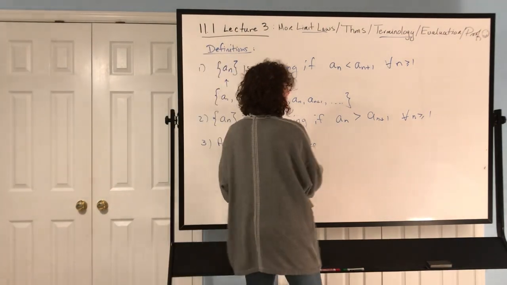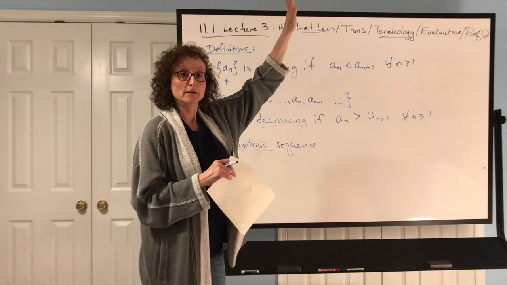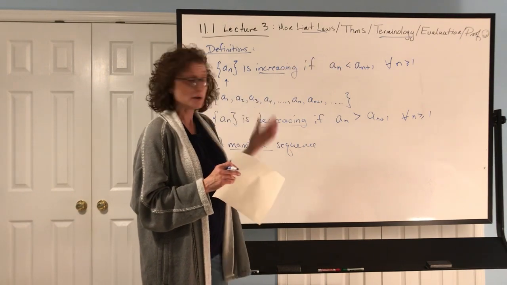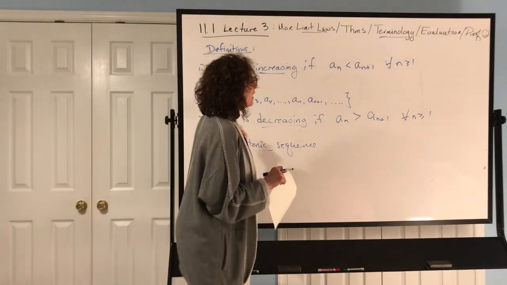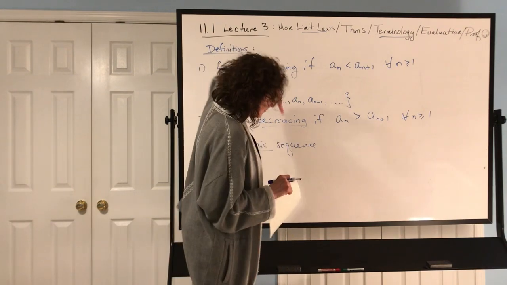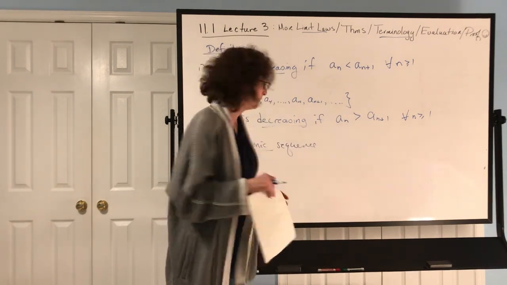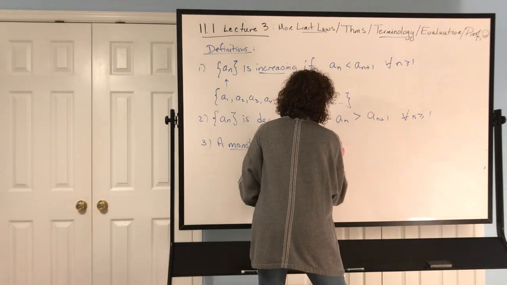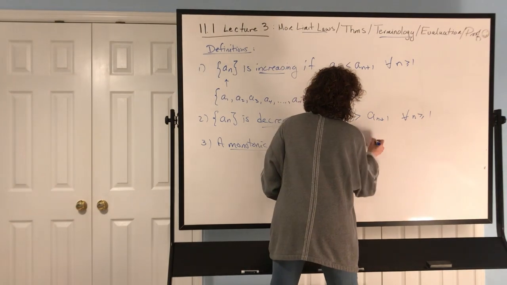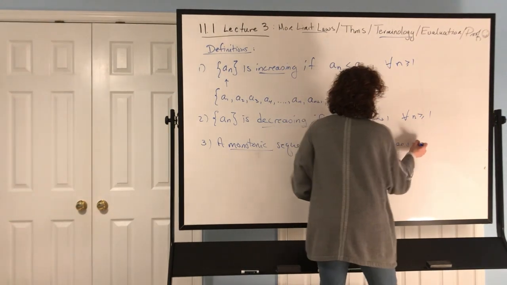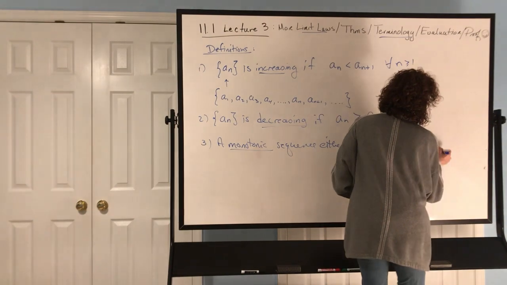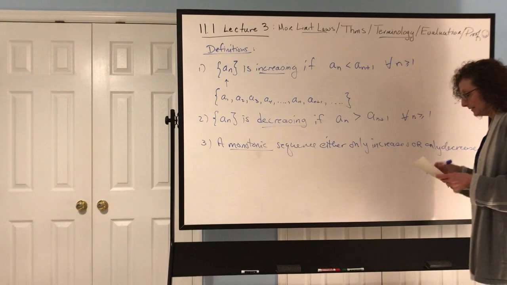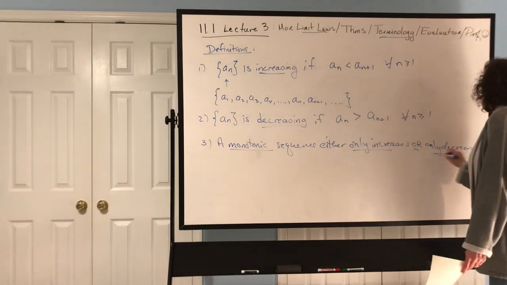It's just like a monotonic increasing function like e to the x, or the natural log, which we just talked about. Same idea. e to the negative x is monotonic decreasing, it's still monotonic, only going in one direction. So a monotonic sequence either only increases or only decreases, not both.